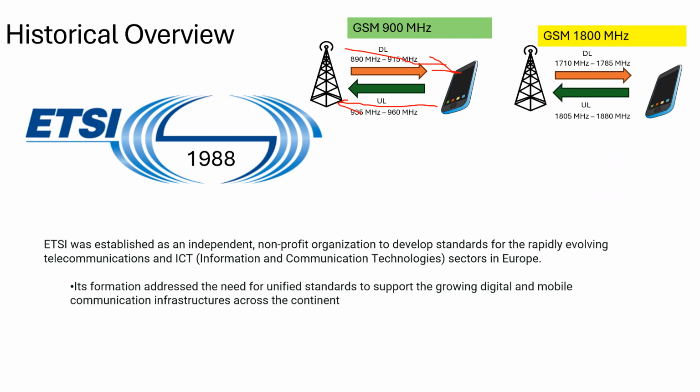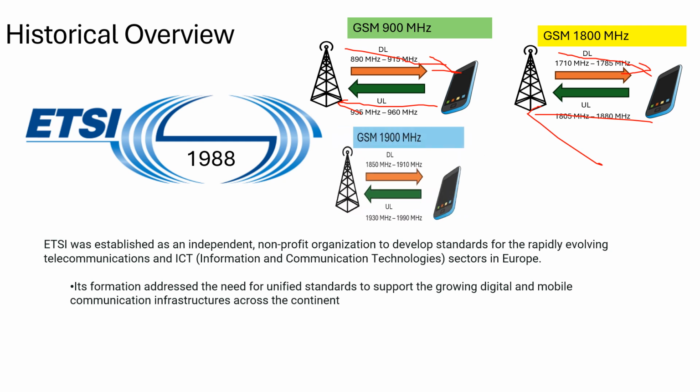GSM 1800 MHz, downlink, 1710 MHz to 1785 MHz, utilized for transmitting signals from the base station to the mobile device. Uplink, 1805 MHz to 1880 MHz, used for sending signals from the mobile device back to the base station.